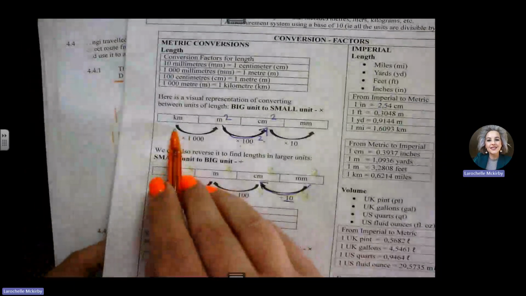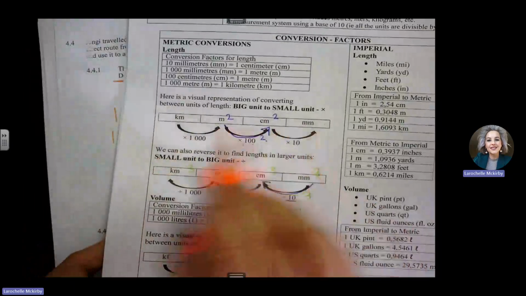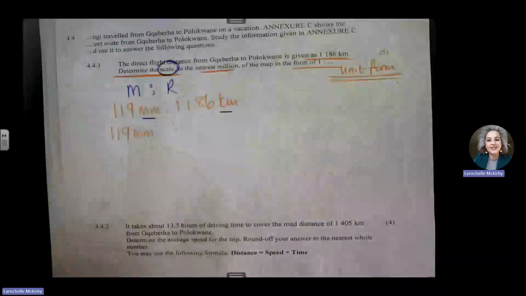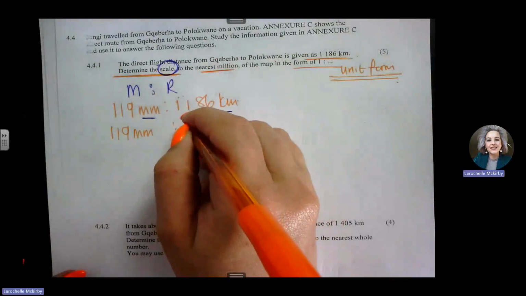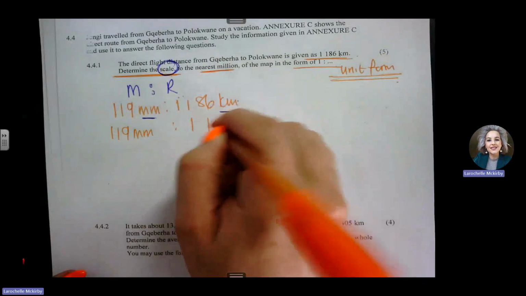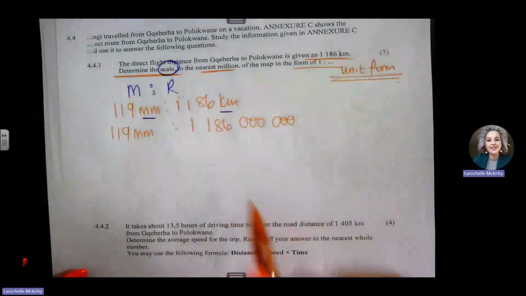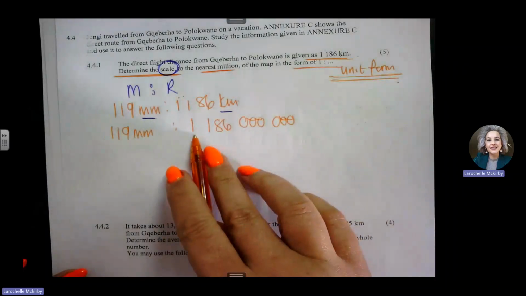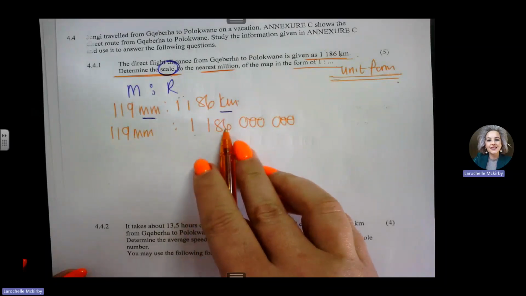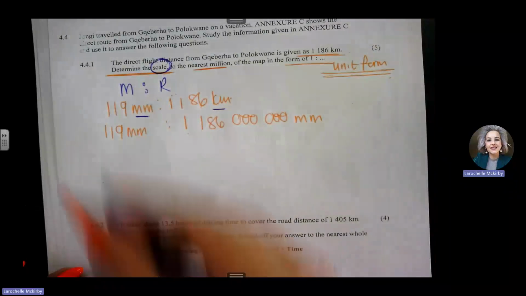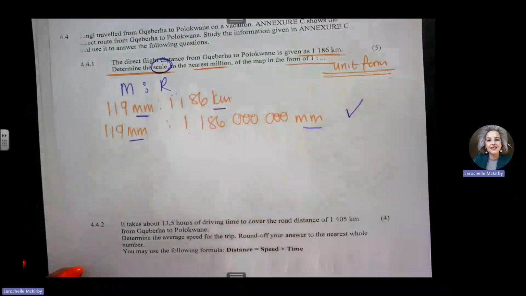From kilometers to millimeters, multiply by 1,000, multiply by 100, multiply by 10. And that gets me to 1,186 with 1, 2, 3 zeros, 1, 2, 3 zeros. So this is basically 1,186 million millimeters. And do you see? Now my units are the same.